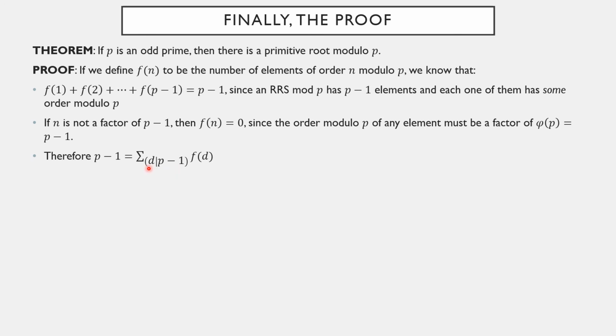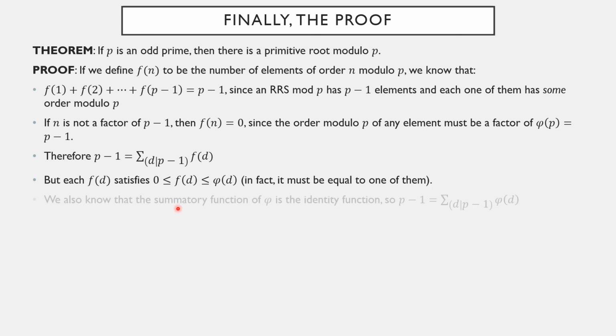These are the only values of d for which f of d could possibly be non-zero. However, each f of d is either 0 or it's equal to phi of d. We established this in the previous slide. So I'm writing this in a slightly worse way, that it's in between 0 and phi of d. But in fact, it's either one of them or the other.